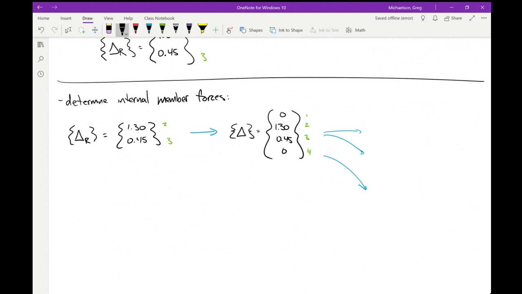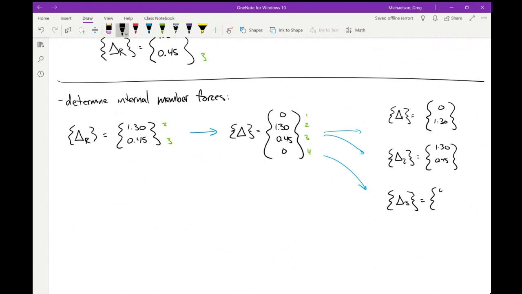Would you agree that if I have a displacement vector for the entire system, that I could write a displacement vector for each of the 3 elements? Element number 1 goes from 1 to 2. Element number 2 goes from 2 to 3.